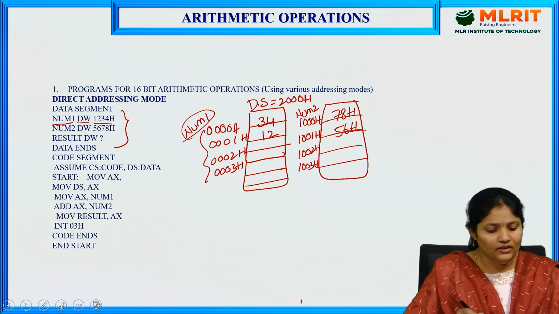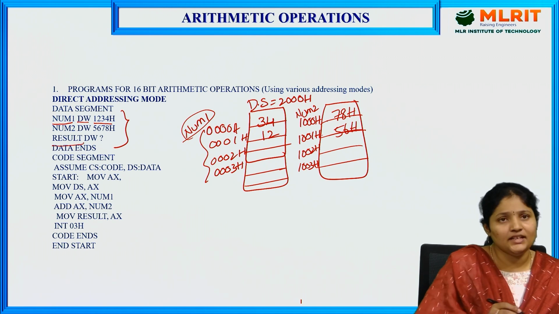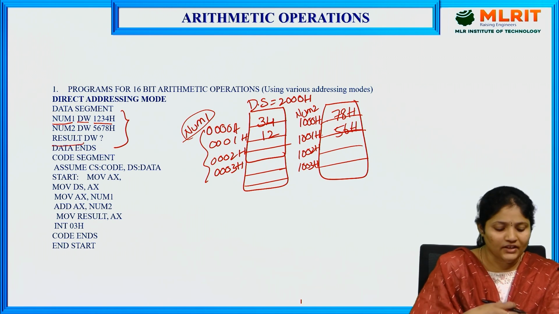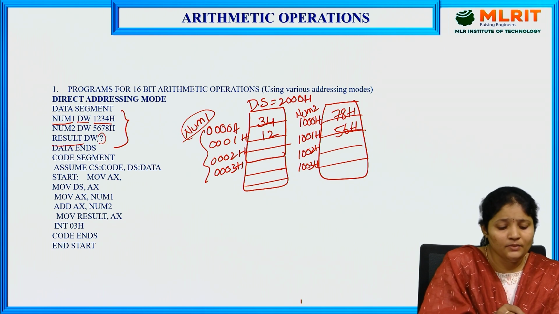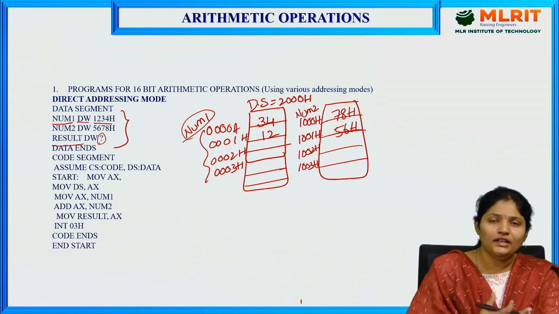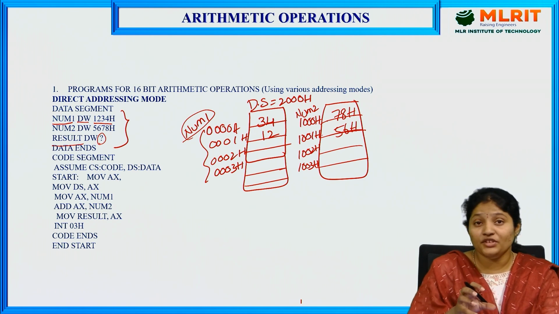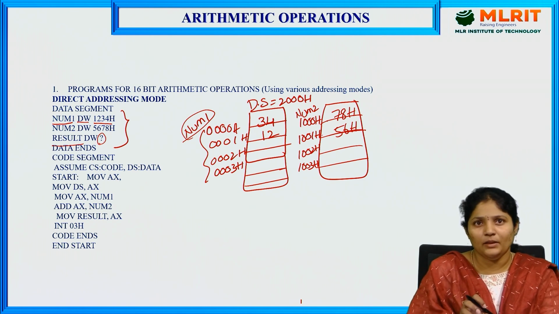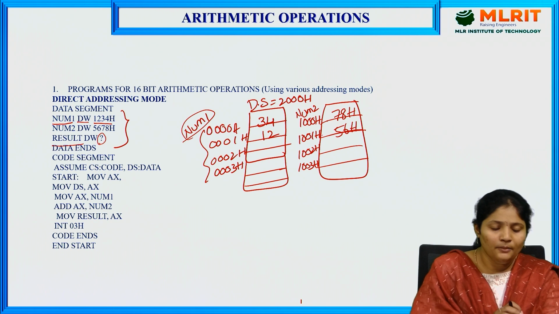Now I already took result as a variable to store the output after getting the output from the instructions. The question mark represents that it will allocate duplicate memory locations to store. We don't know how many bits of output will be available after executing this program.